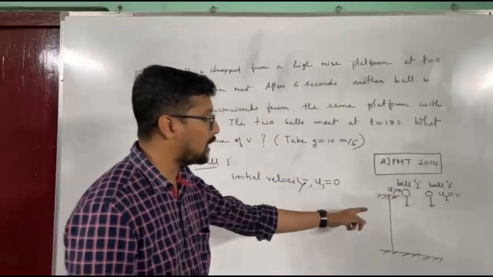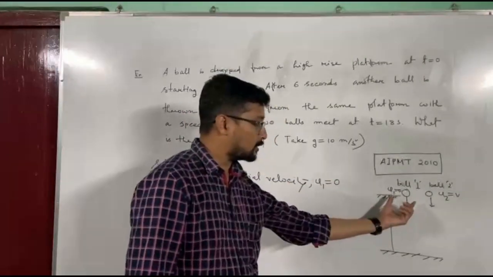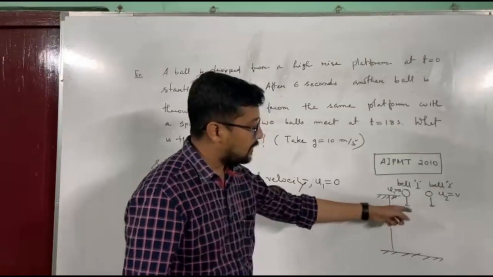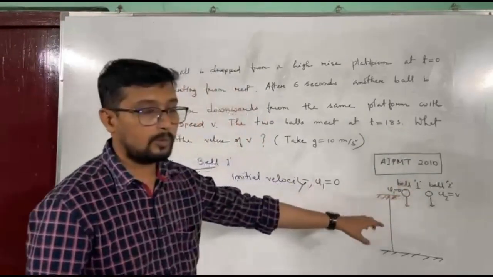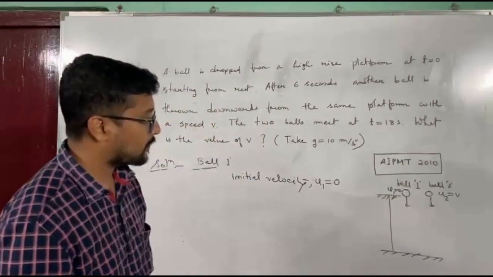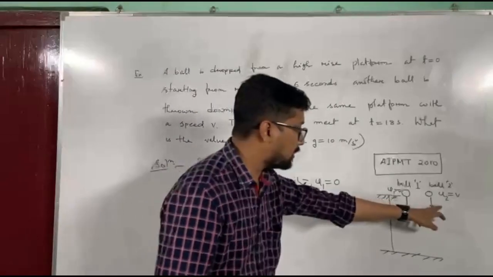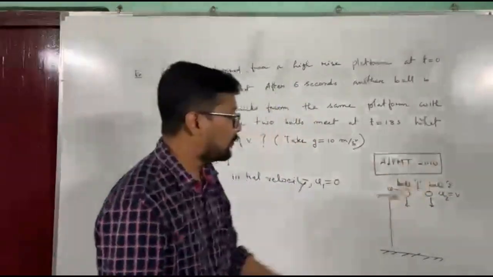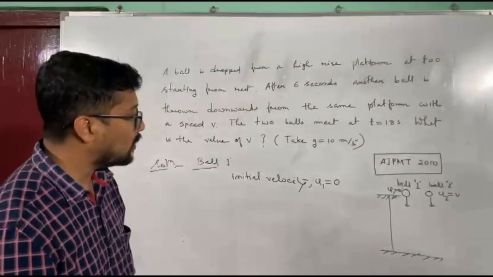That means the second ball was also thrown from the same height, and the initial velocity v for the second ball is what you need to calculate.